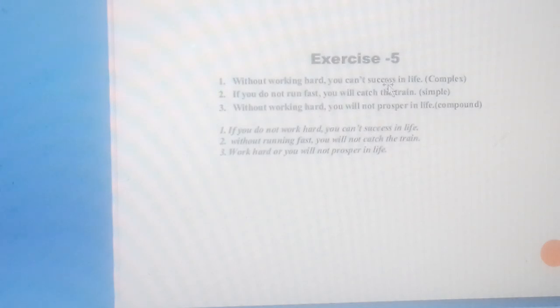Here is a printing mistake. Instead of "success" it will be "succeed". So, "If you do not work hard, you can't succeed in life." And the simple form will be, "Without working hard, you can't succeed in life."